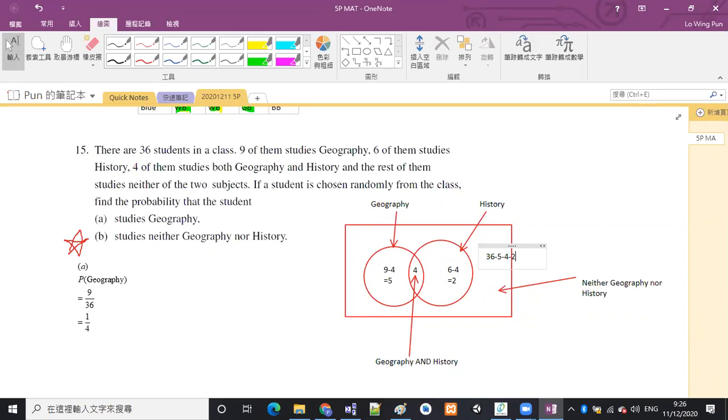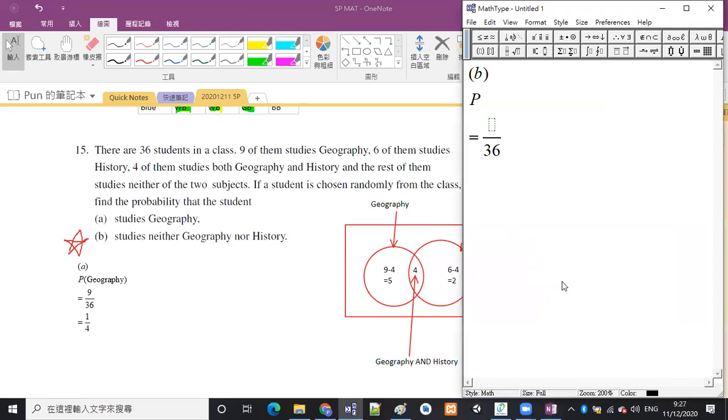Okay, the remaining students will be neither studying geography nor history. That will be equal to 25. OK，所以咧喺36個當中，其實係有25個咧係又冇讀 geog 又冇讀 history 嘅。Can you get this?